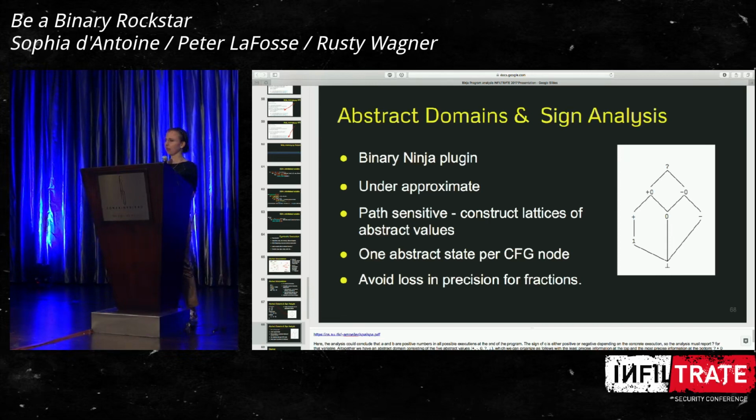And on each path, the variable may have a different sign than another path, or may have the same sign, but we don't know. This just gives us a higher degree of certainty of where a potential bug might be. And for this tool, I ignored fractions. That's a side note.